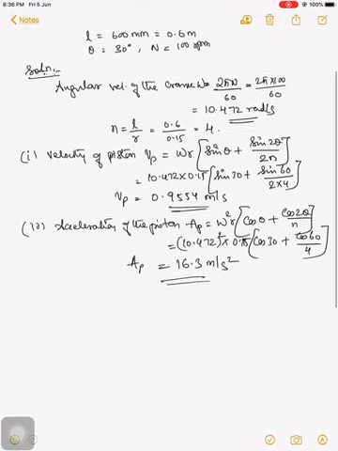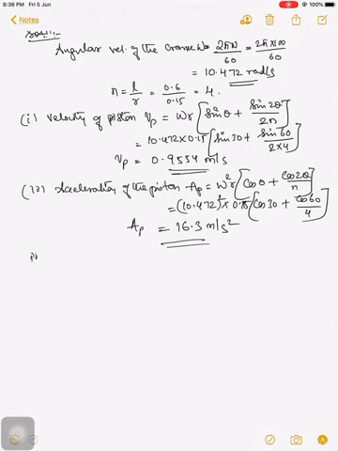Now in the question, it has been asked to find out the angular velocity of the connecting rod also. Angular velocity of the connecting rod is given by the formula omega into cos theta divided by n.